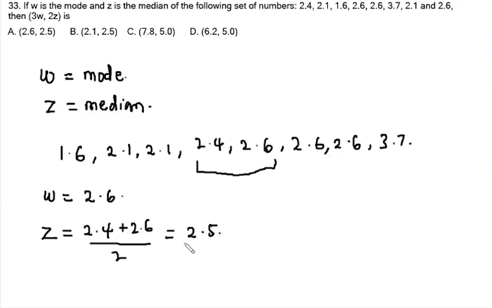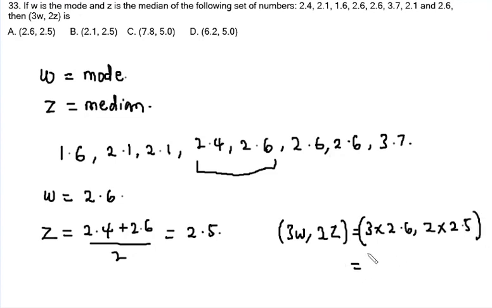Okay. So we are given the instruction of multiplying the mode by 3 and the median by 2. So this would mean that 3W, 2Z is equal to 3 times W, which is 2.6, 2 times 2.5.